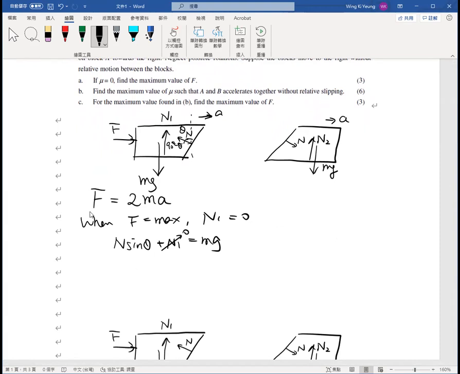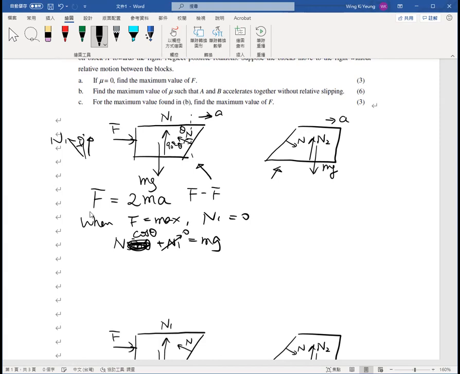And then you can make use of this free-body diagram and consider the horizontal force. If you consider the left-hand side one, you can write it as F minus F. Sorry, this is cosine theta, it's not sine theta. This is N, and this is theta.